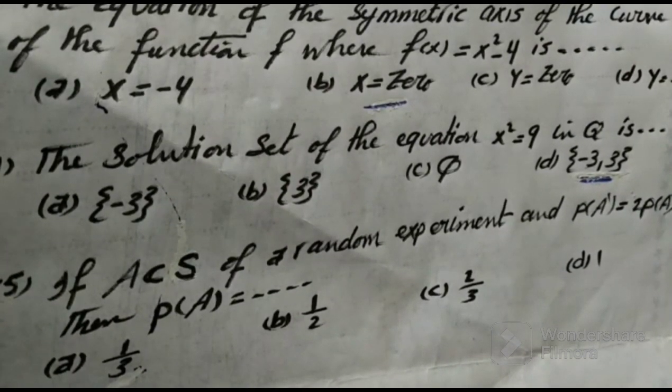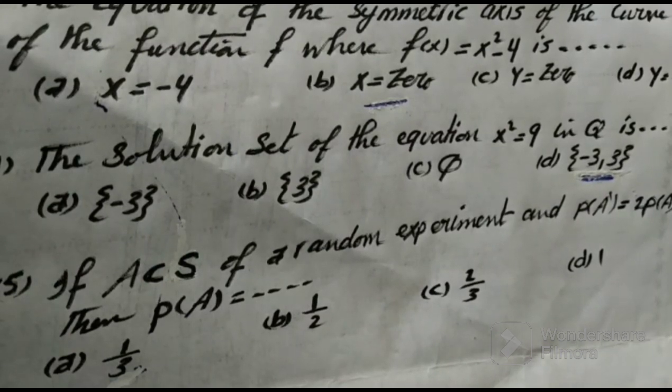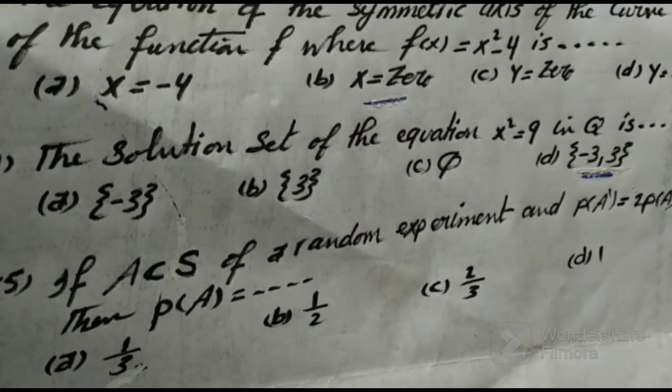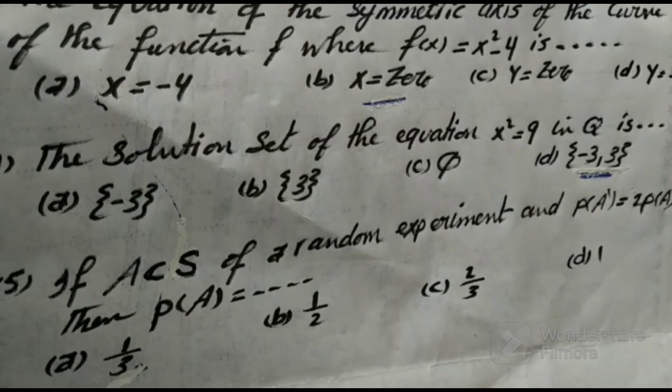If A is a subset of the sample space of a random experiment and the probability of A complementary equals 2 times the probability of A, then the probability of A equals? We know the probability of A plus the probability of A complementary equals 1, and we substitute for the probability of A complementary by 2 probability of A. Then probability of A plus 2 probability of A equals 1.